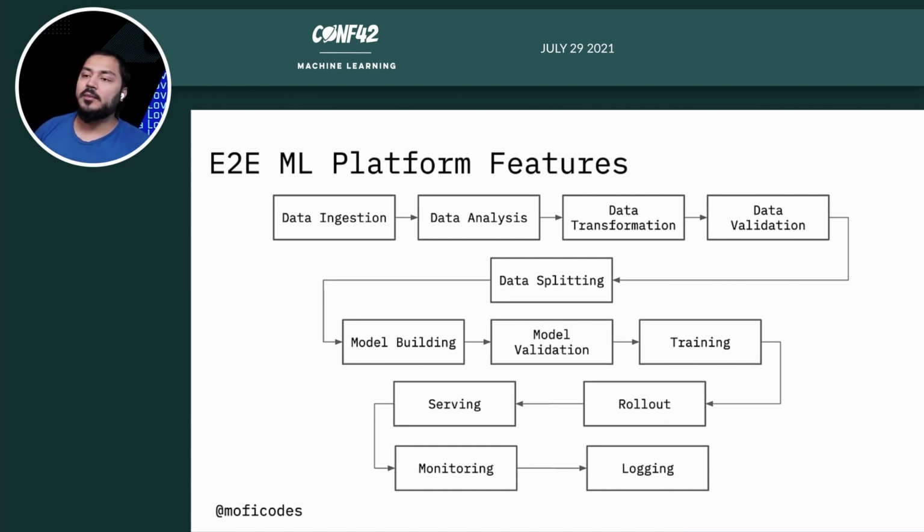Oftentimes data scientists are building these models and training on their own machine, and then testing out that this works. This is great, but the true value of machine learning only happens when we are serving that model, rolling it out into our application, using that intelligence, and then continuously monitoring that model's performance and logging that out and making that a whole loop, right?